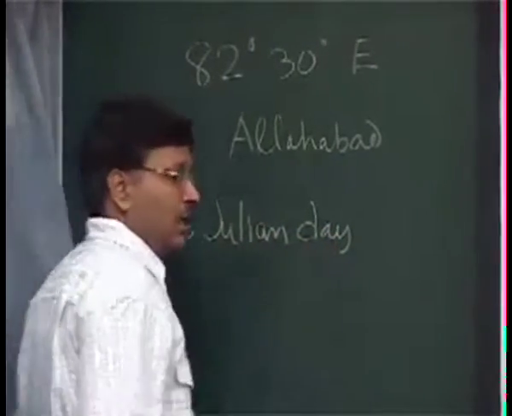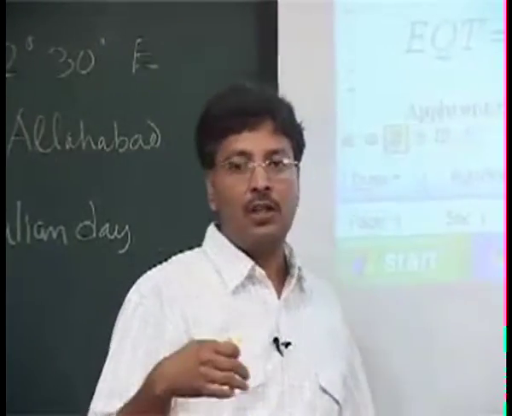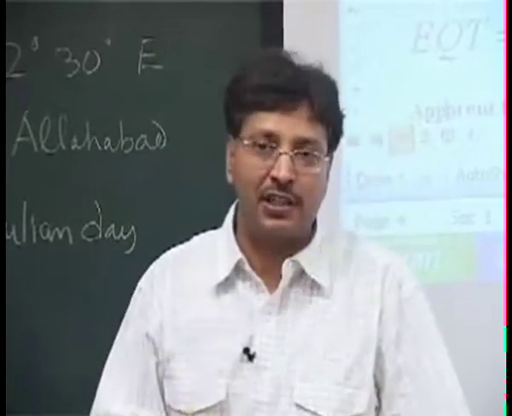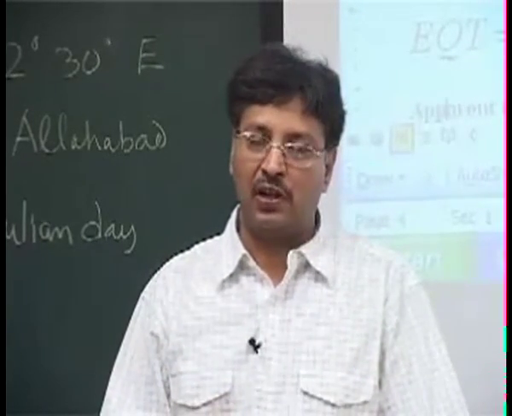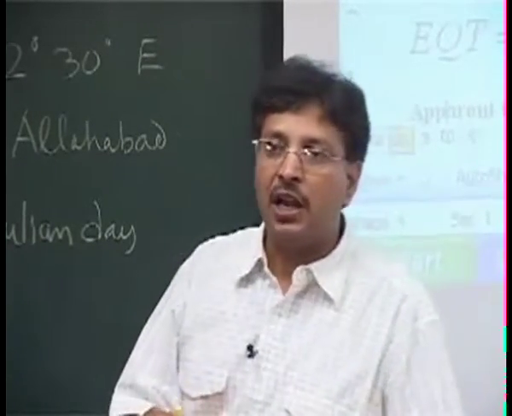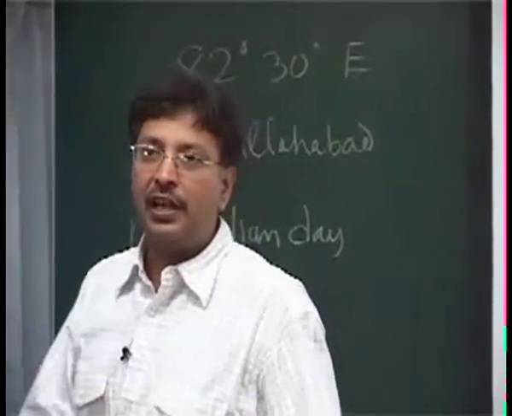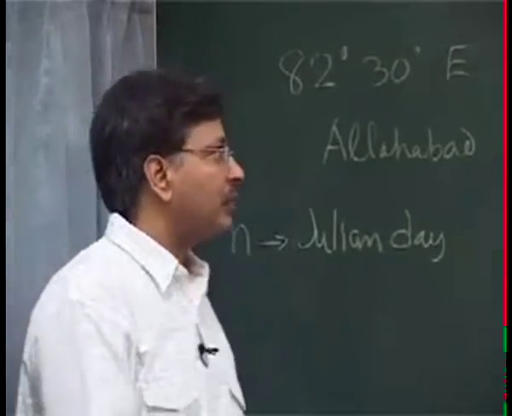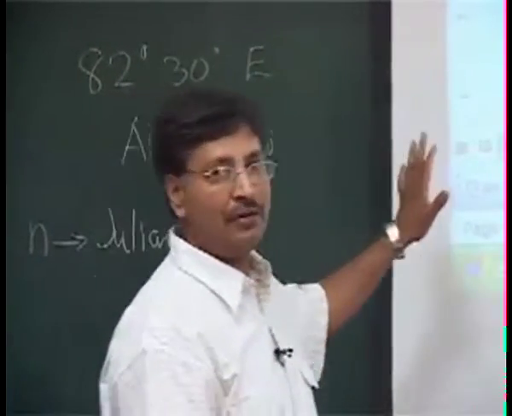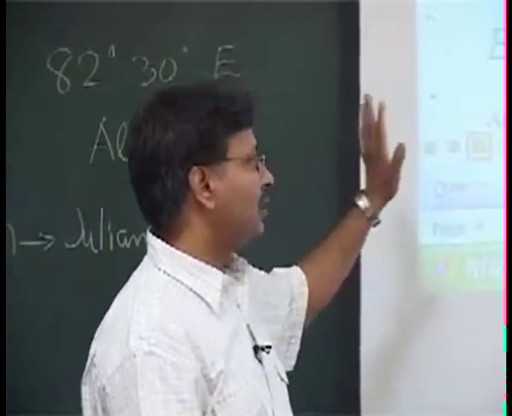It means it is a day starting from January 1st as 1 and, let's say, February 1st as 32. So that is the Julian day, counting from day 1 as January 1 and going up to 365 days. It's not difficult to derive this equation, but we'll not do that one. But you can find out the equation of time.